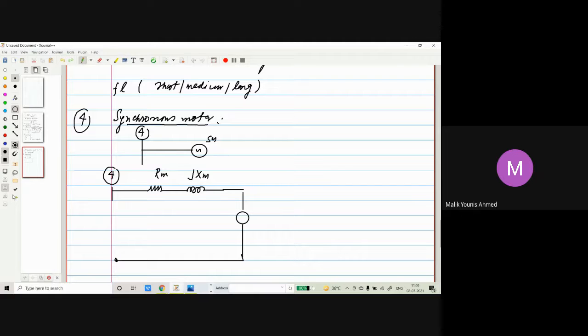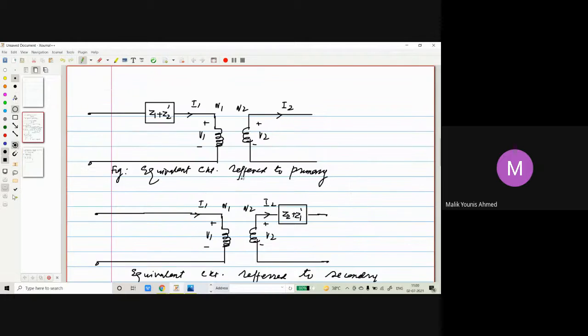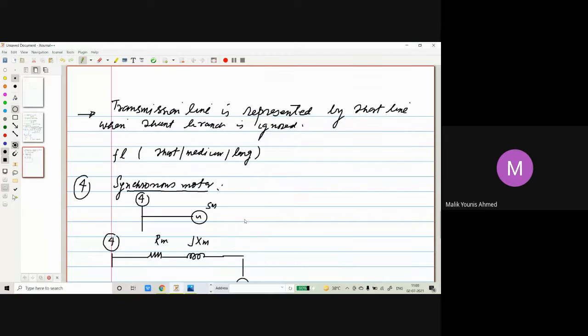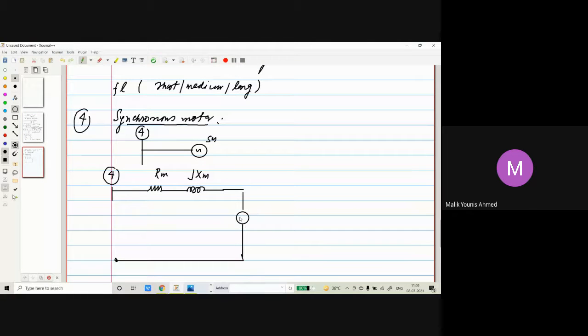So we have motor excitation. We are going to call it EM. So if we have to draw for a lossless line, we should always remember the condition for a lossless line: Rm will be equal to 0.